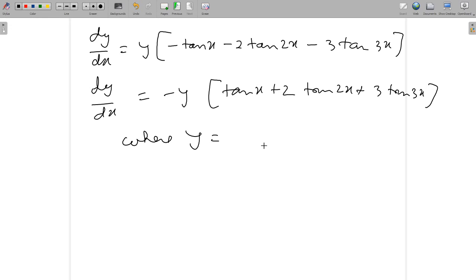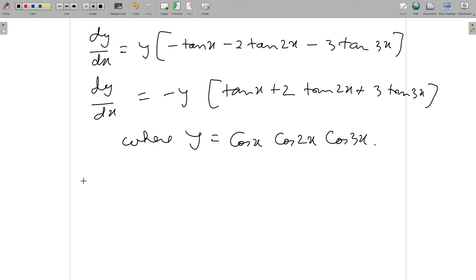So y is our initial function, which was given to us, that is cos x into cos 2x into cos 3x. So this is how we have got question number 1 of exercise 5.5.